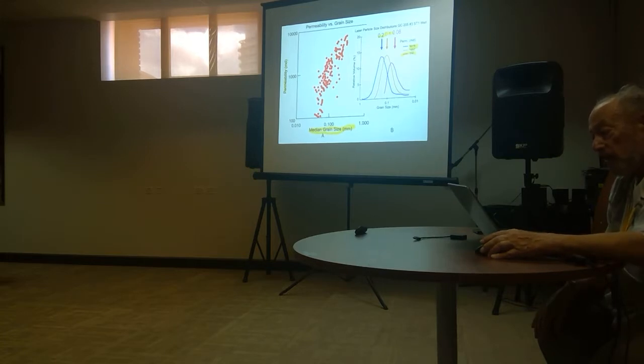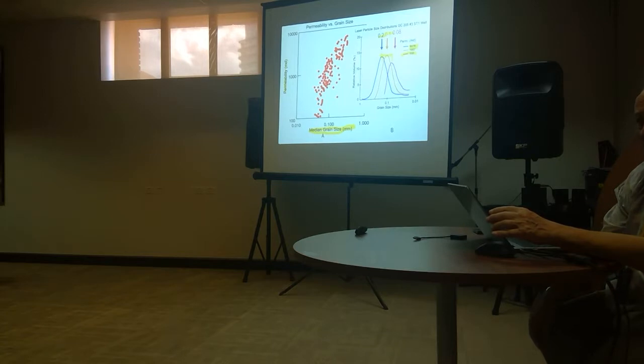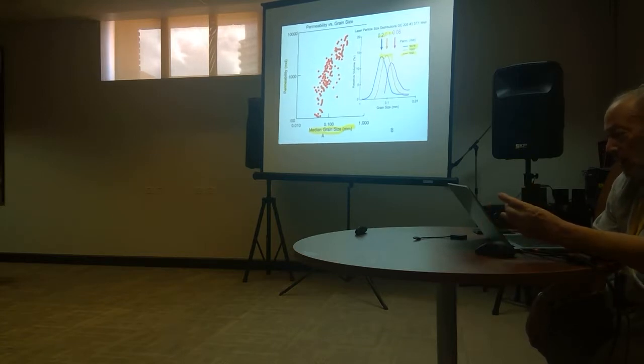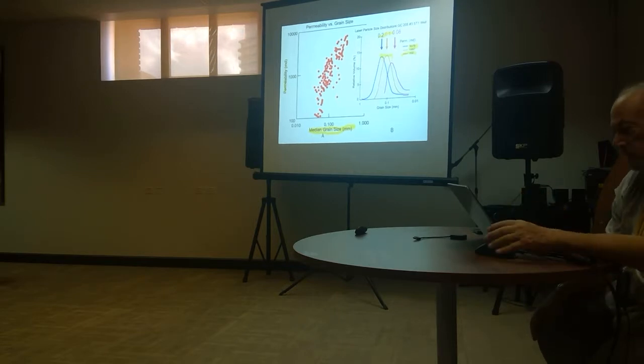So you went from more than 5,000 millidarcies down to 100 millidarcies over that small change in grain size. So this plus many other experiments that have been run indicate that permeability is very sensitive to changes in grain size.